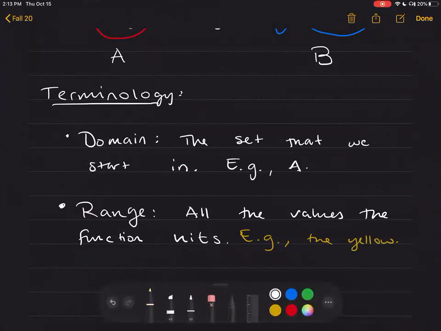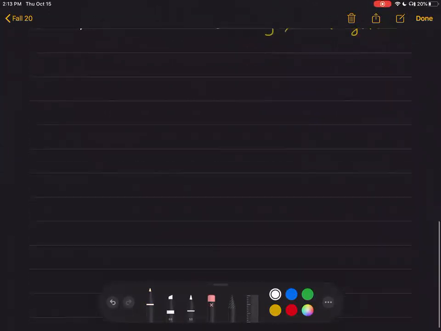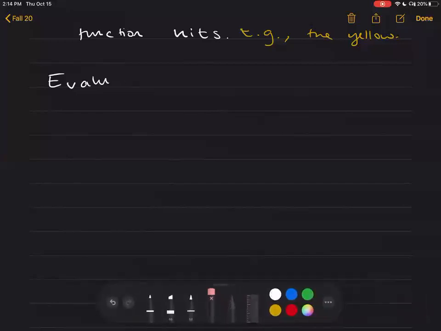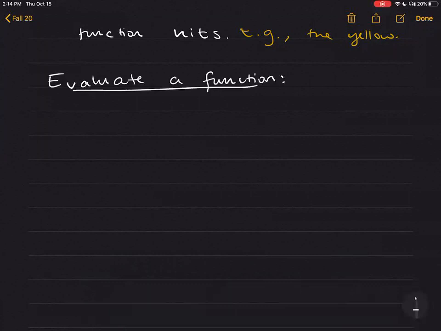All right, cool. There's a couple skills that we're going to want to develop when we're thinking about functions. The first one is we're going to want to be able to evaluate a function at a point or several points. This is fairly straightforward.